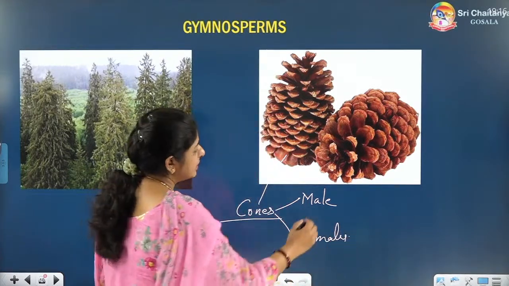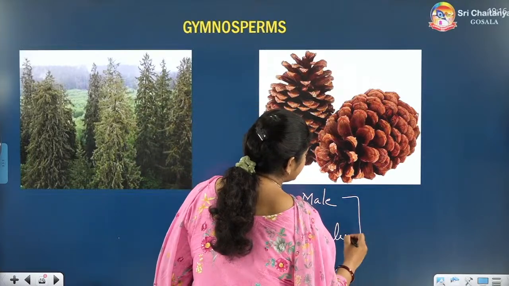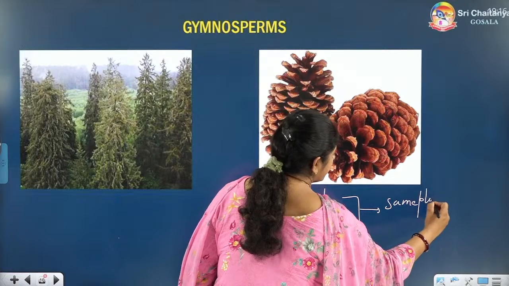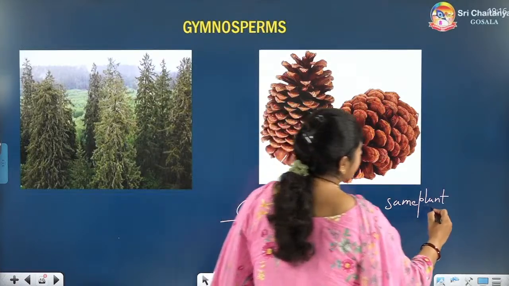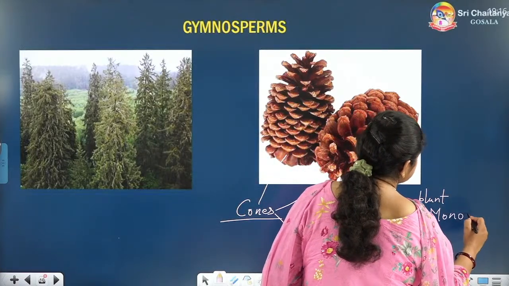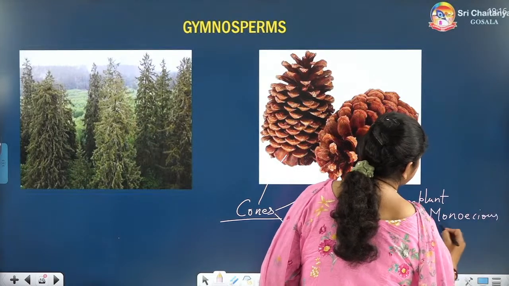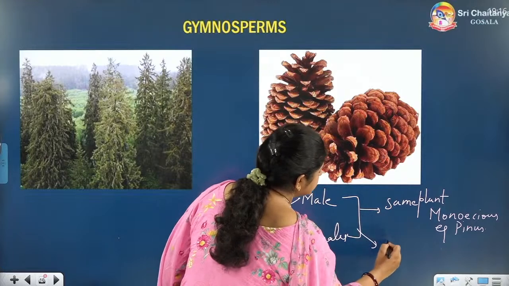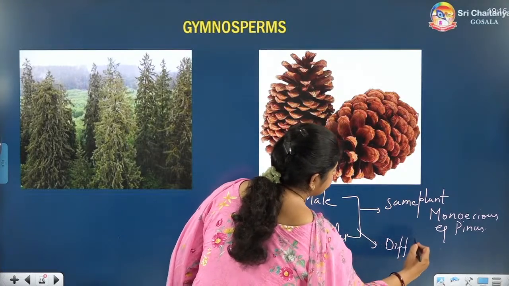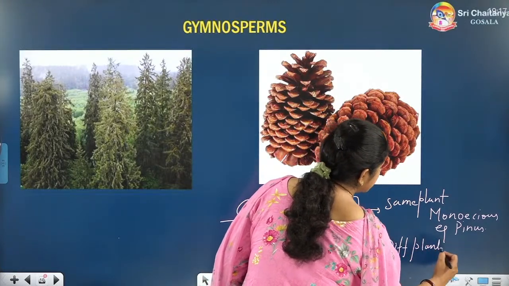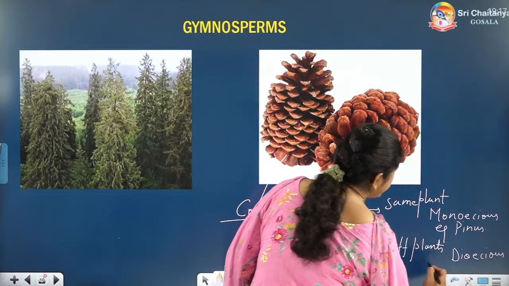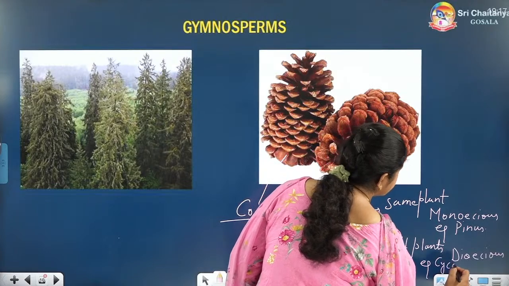For a plant, male and female cones can be present on the same plant. Such a plant you call a monoecious plant, for example Pinus. In some cases they are present on different plants. Such a condition you call dioecious, for example Cycas.